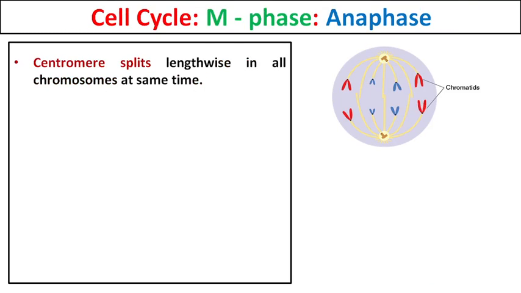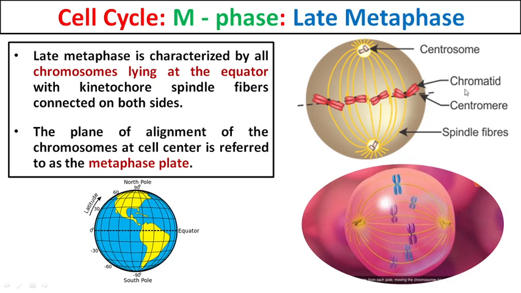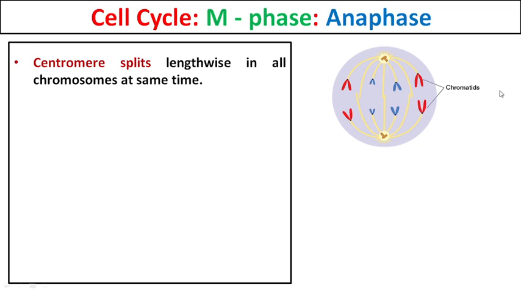After metaphase comes anaphase. In anaphase, the centromere, which was holding the two chromatids together, splits lengthwise in all chromosomes at the same time. So here we were seeing different chromosomes aligned at the same plate.